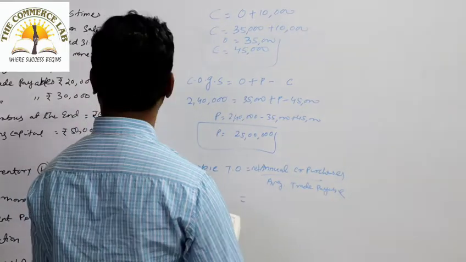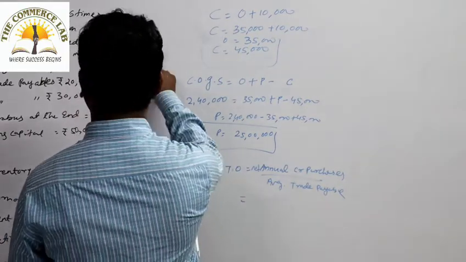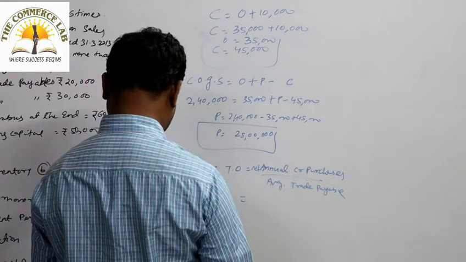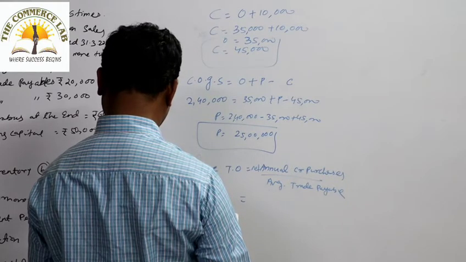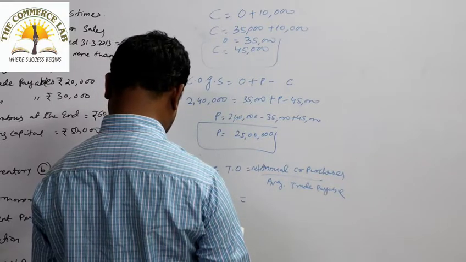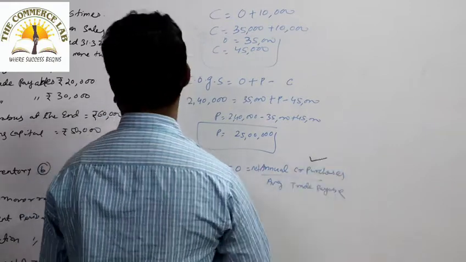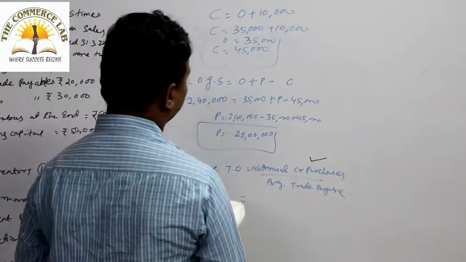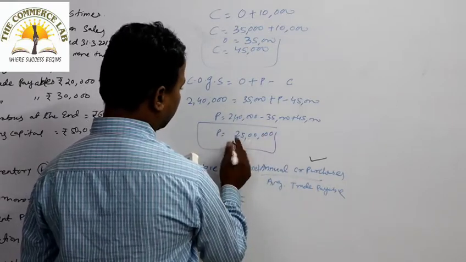We can assume that whatever purchases happen are in terms of credit. Okay, here annual credit purchases are given. How much? Annual credit purchases. So here 2,40,000 plus 10,000, how much are you getting?